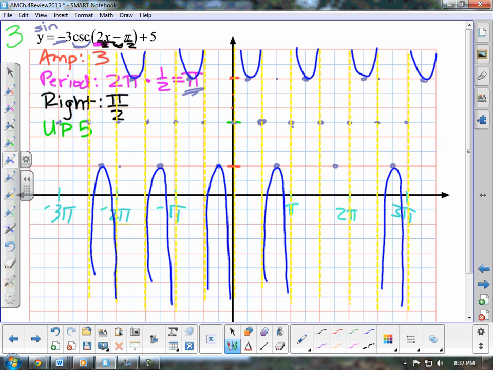And when you do this on the test on Friday, you need to make sure that you fill the coordinate plane completely from one end to the other. And there you have a -3 cosecant 2x minus pi plus 5.